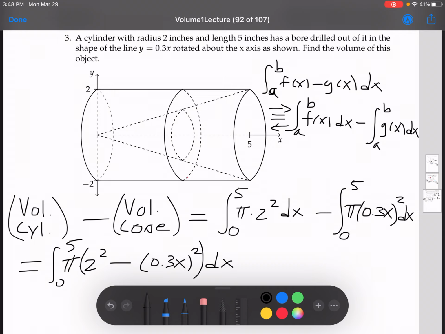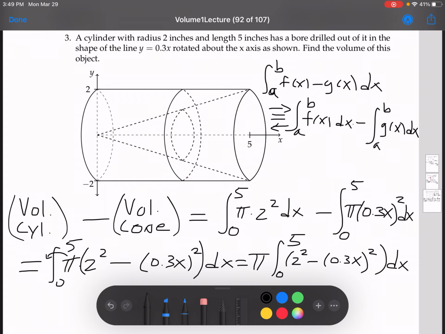Let's pop that pi all the way out. So now we have pi times the integral from 0 to 5 of 2 squared minus 0.3 x squared dx.